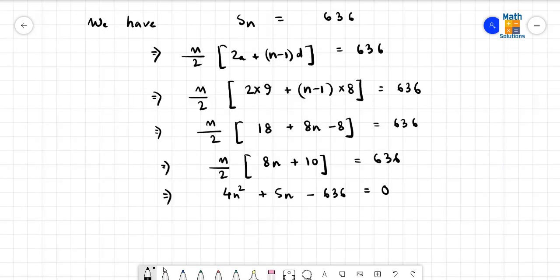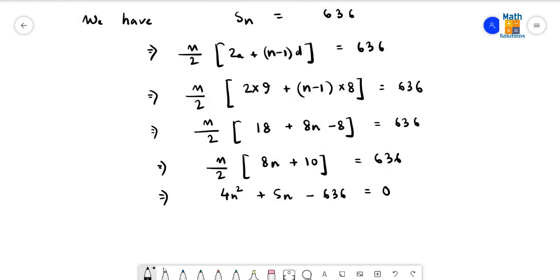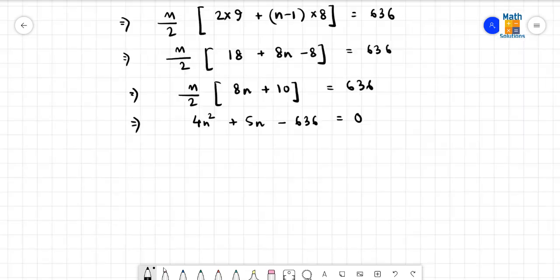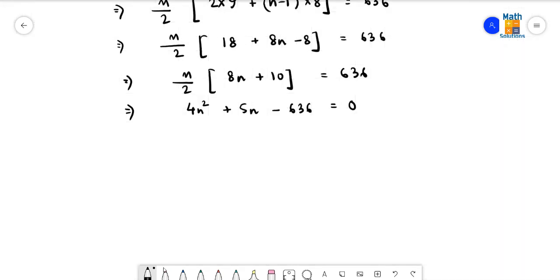So this is again a quadratic equation. In a quadratic equation we have to either split the middle term or use the quadratic formula to find the value of n. All of you know how to split the middle term.